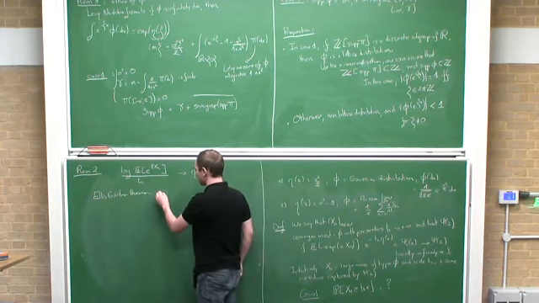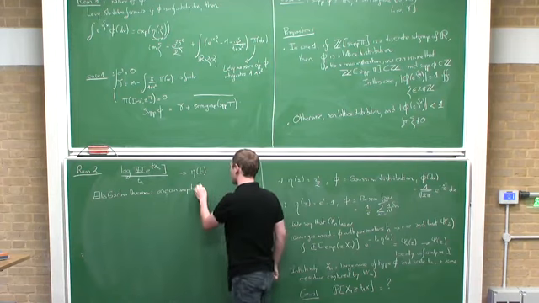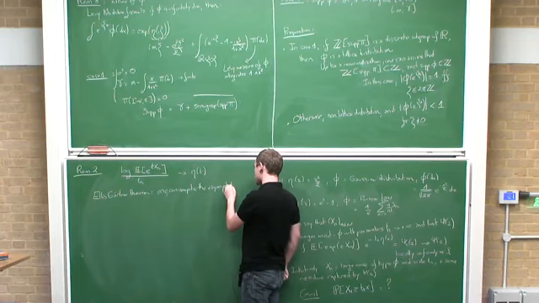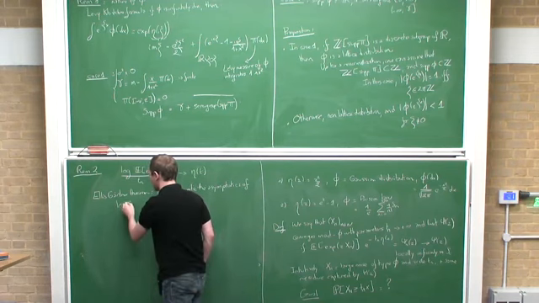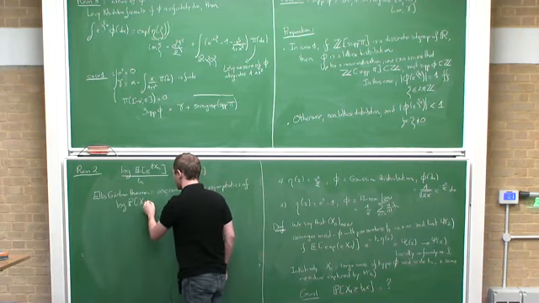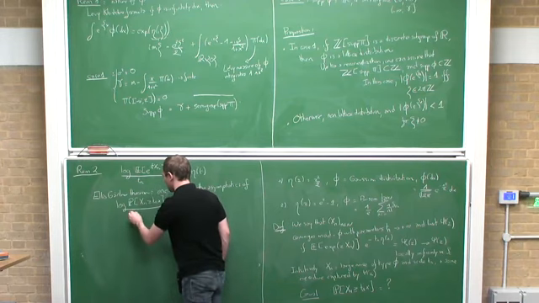So one can compute the asymptotics of the logarithm of this probability divided by Tn.